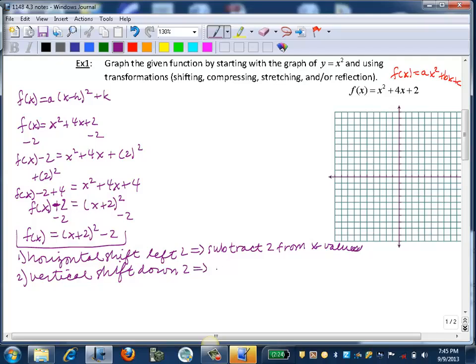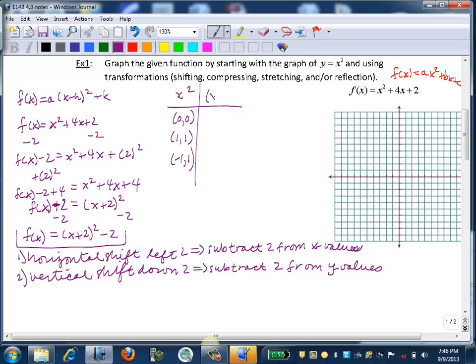And then to shift down 2, we're going to subtract 2 from the y values of our parent function. Okay, so remember the table that we need to use to organize these points. So we're going to start with 3 key points on our parent function. So easy key points on an x squared function: 0, 0, 1, 1, negative 1, 1.